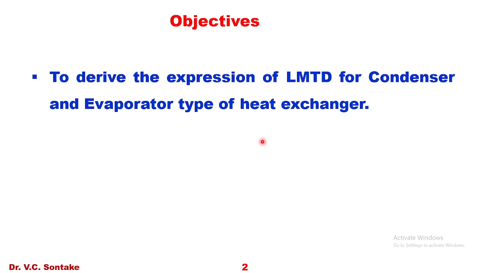The phase change process can be condensation or evaporation, whereas other fluid undergoes change of temperature. So let us derive the expression of LMTD for condenser and evaporator type of heat exchanger.